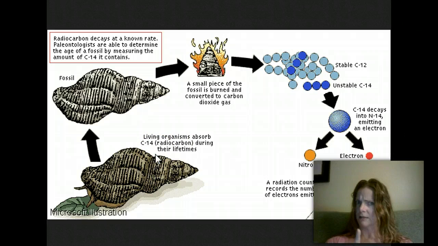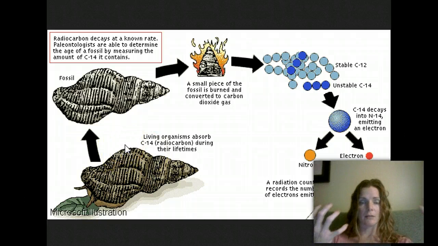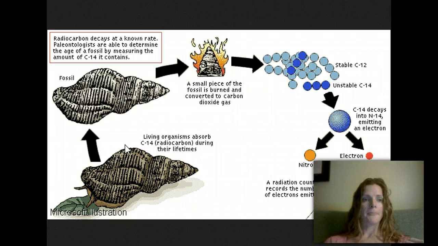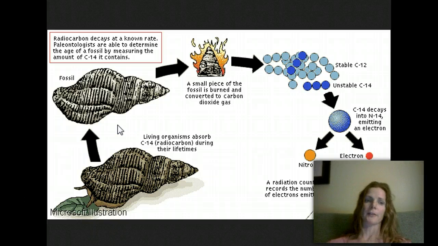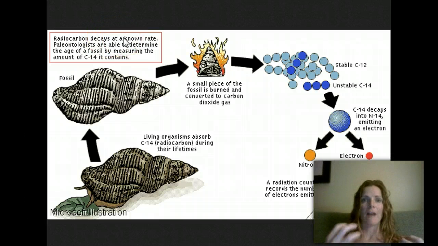And I'm going to show you where that stuff comes from in just a minute. But that's a normal thing. Throughout their lifetime they're absorbing this radiocarbon, okay? So then all of a sudden it dies and it becomes a fossil, right? Well, radiocarbon decays at a known rate. We know how it decays and how fast.